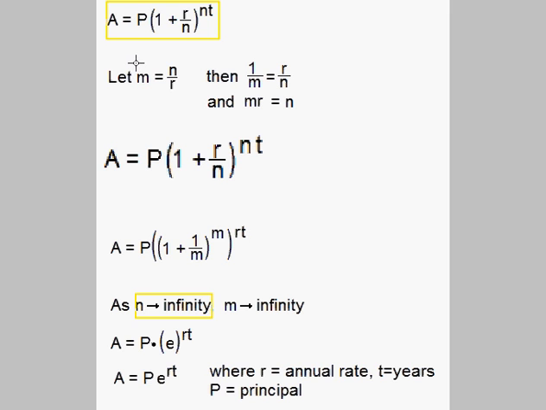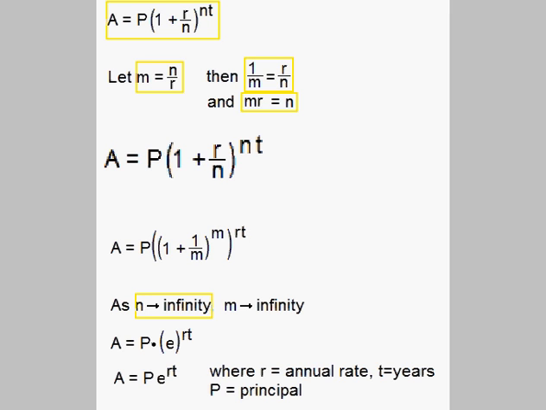First, we're going to let m equal n over r. We're just assigning a new variable. Now, if m is n over r, then 1 over m equals r over n. And if we do a little algebra and multiply both sides of m equals n over r by r, we get m times r equals n.